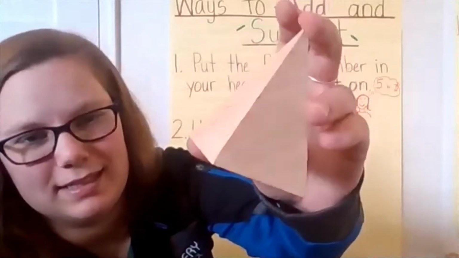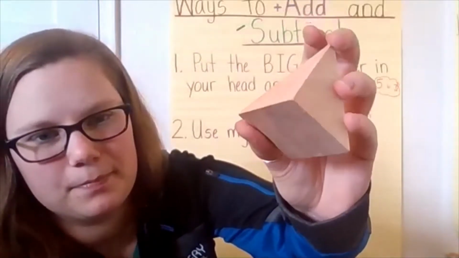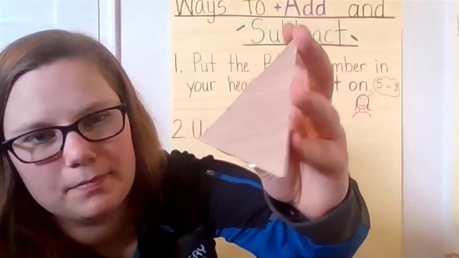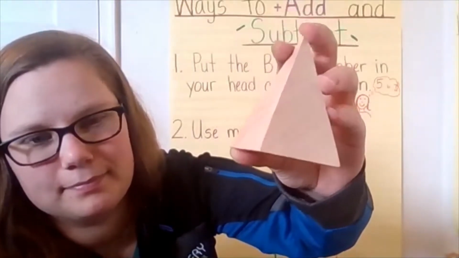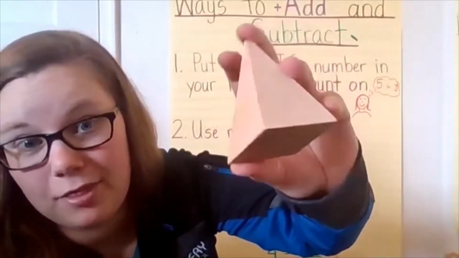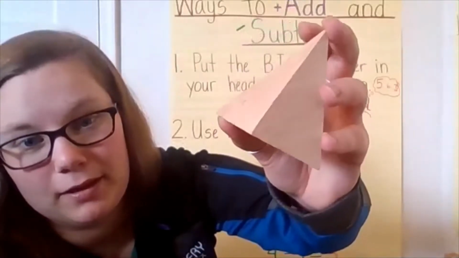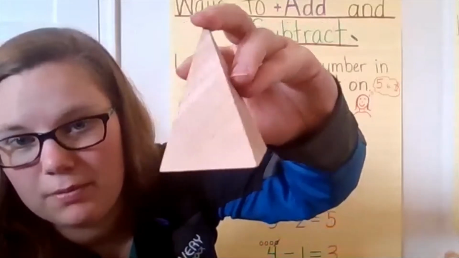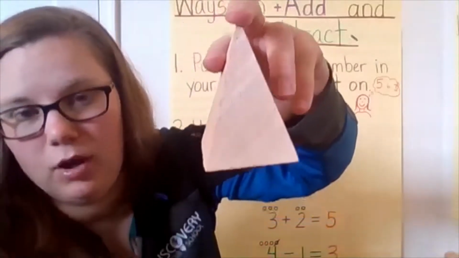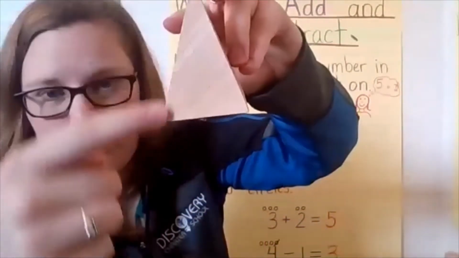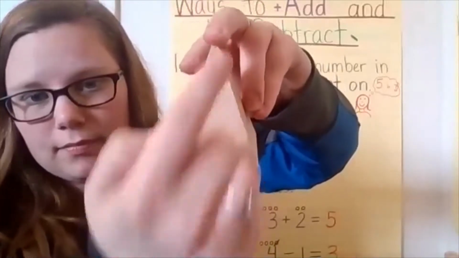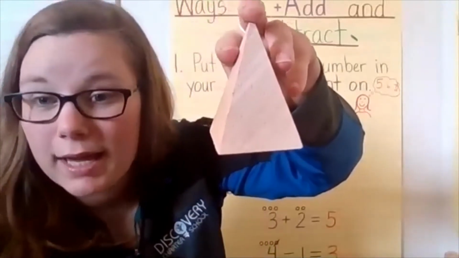What is this shape? A pyramid. This is a 3D shape, and it is a pyramid. Now, what shape is this face on the pyramid? It's a triangle.